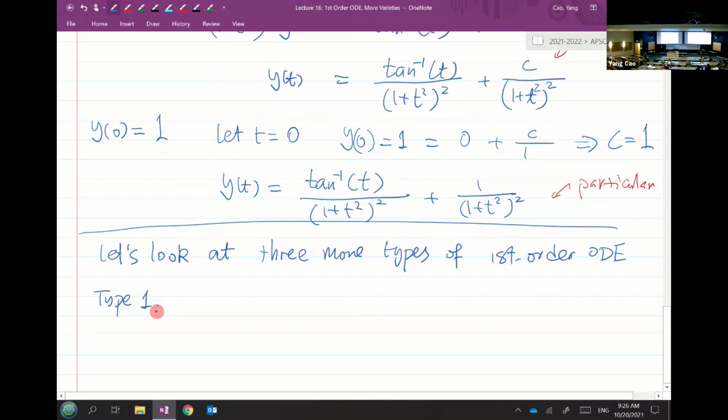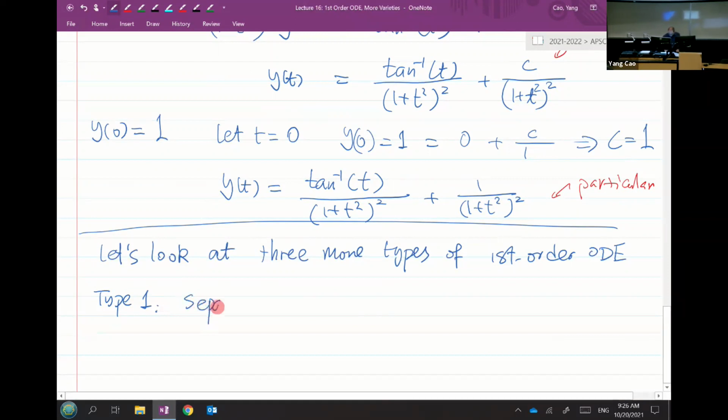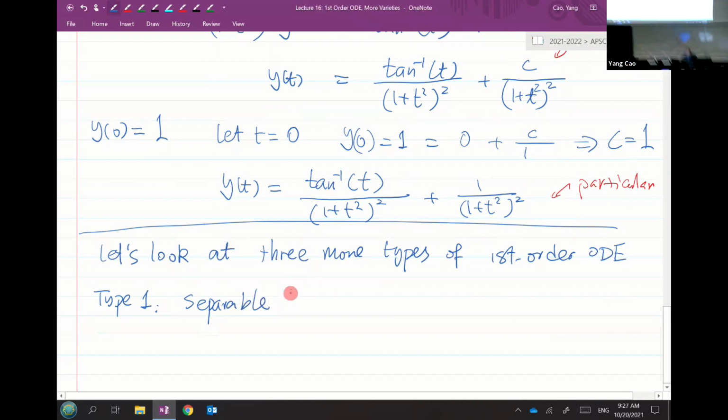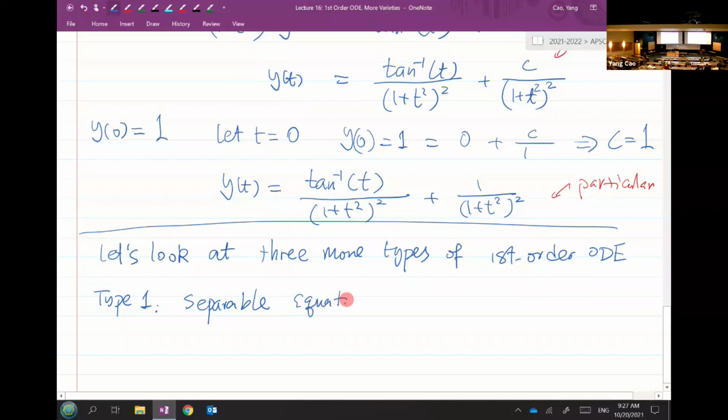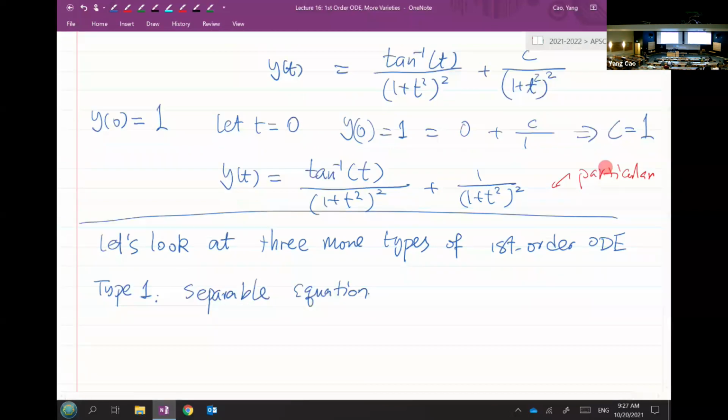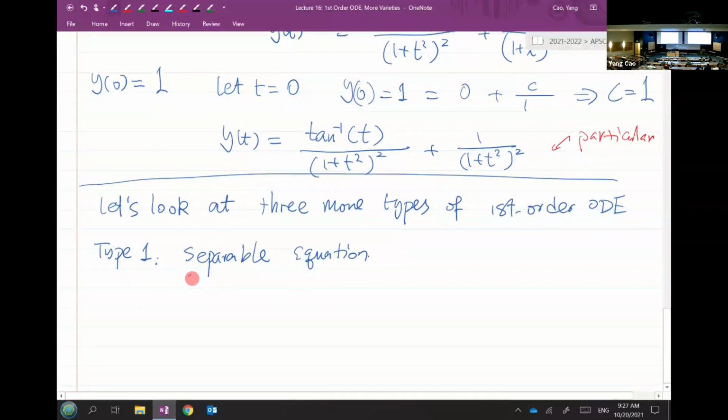is called separable equation. So sometimes you will probably find the wording duplicates with some of the wording that you just learned, right? So separable equation. Okay, so let's look at what is a separable equation. For the separable equation, it takes a format like this. So y prime equal to a function of x and y.